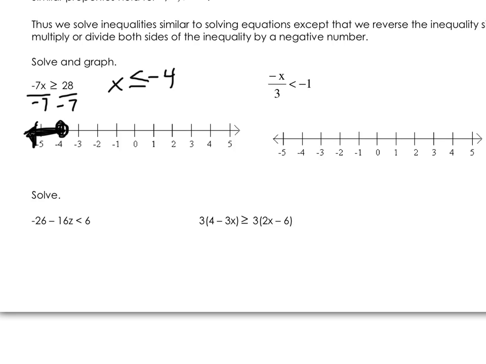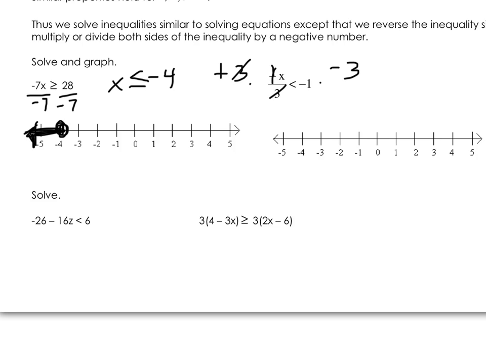Look at this one. Negative x divided by 3 is less than negative 1. I don't want that negative there, and I don't want that 3 there. What happens if I multiply both sides by a negative 3? Well, for one thing, the 3's cancel, but also the negatives cancel.